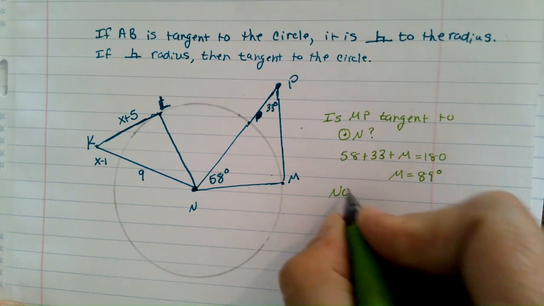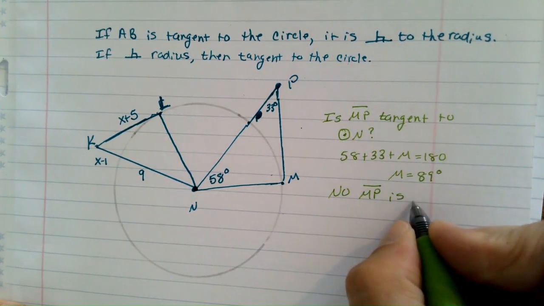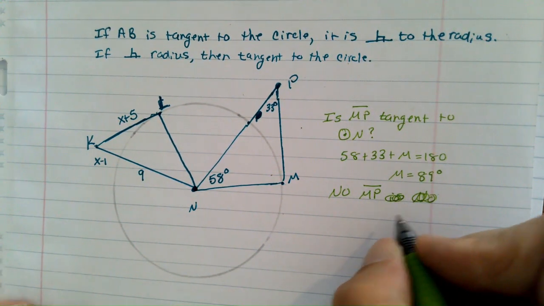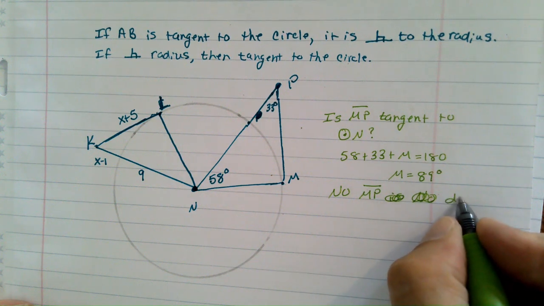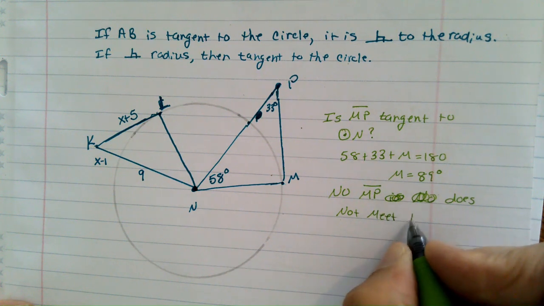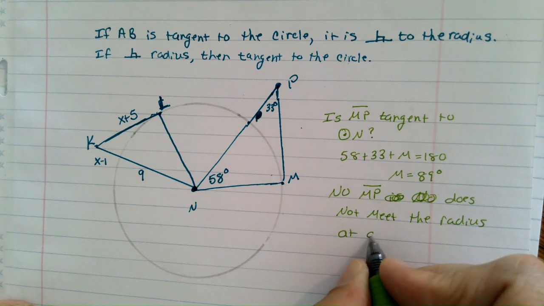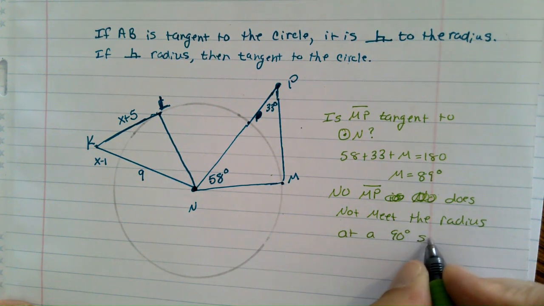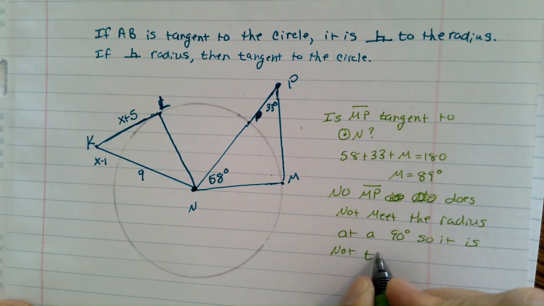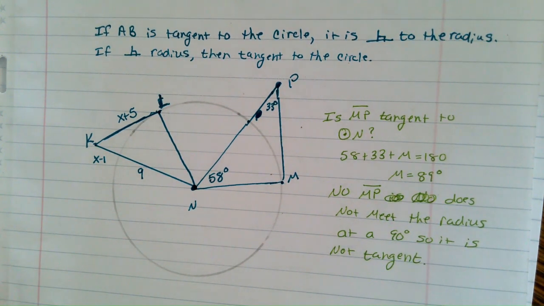So no, MP does not meet the radius at a 90-degree corner, so it is not tangent. Now we even have an explanation in there, right? Almost a little bit of a paragraph proof.